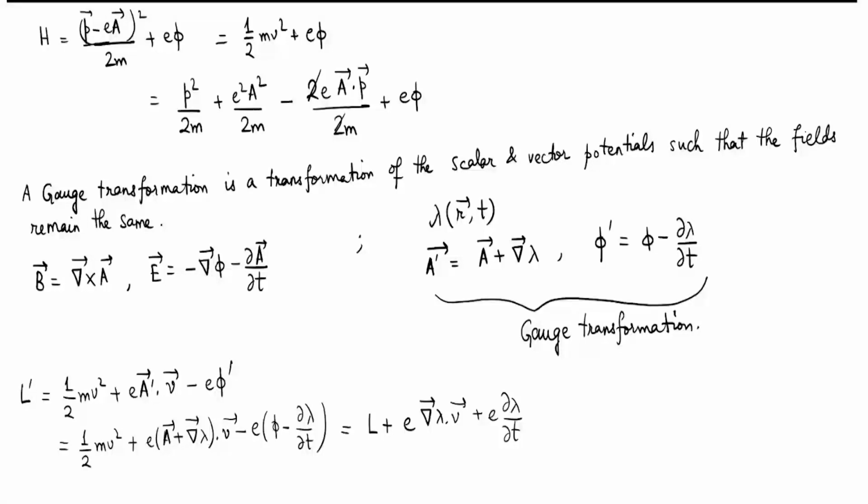Now, this you can write as L plus gradient of E lambda (E is a constant) dot v plus del del t of E lambda. Now, see, grad of E lambda dot v plus del del t of E lambda is L plus d dt of E lambda.